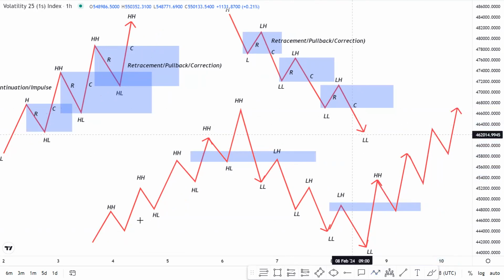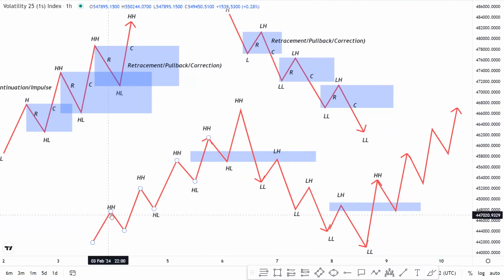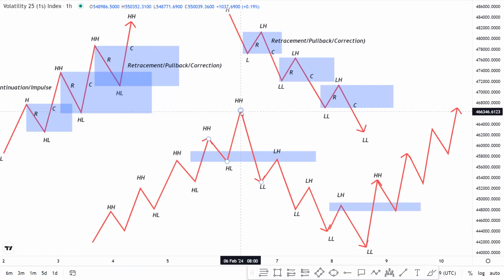So for trending markets, we have more of the reversals: a sell reversal and then a buy continuation, a sell reversal and a buy continuation. For an uptrending market, we'll keep having the sell reversals and the buy continuations till a complete trend reversal comes into the market.